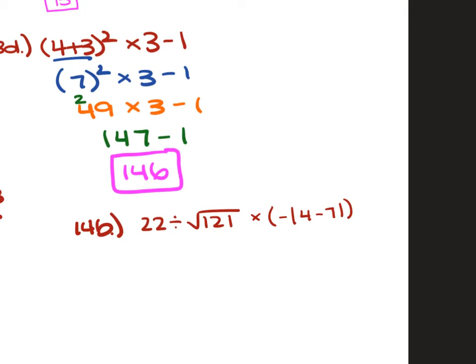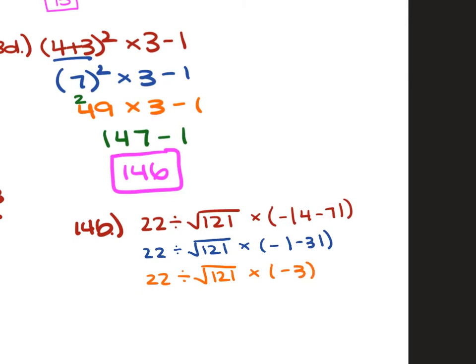Inside the parentheses, you have the absolute value of 4 minus 7. That gives us negative 3. So this turns into 22 divided by the square root of 121 times parentheses negative absolute value of negative 3. The absolute value of negative 3 is 3. So this is 22 divided by the square root of 121 times negative 3.